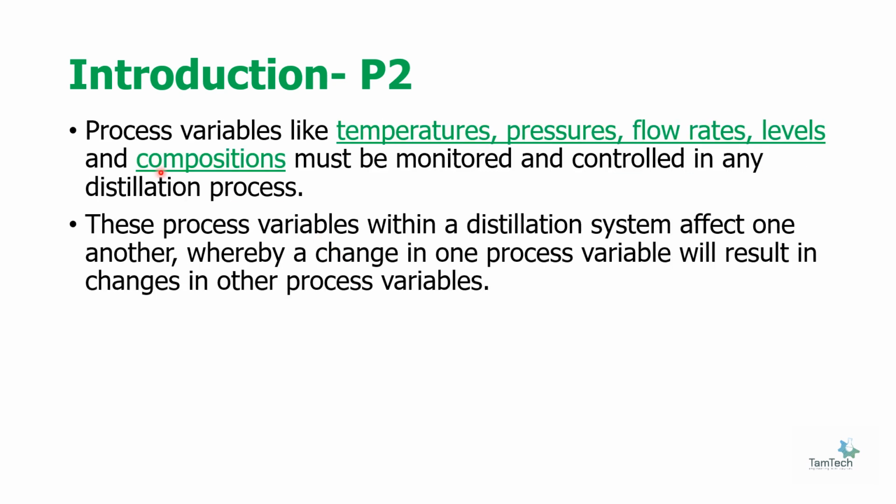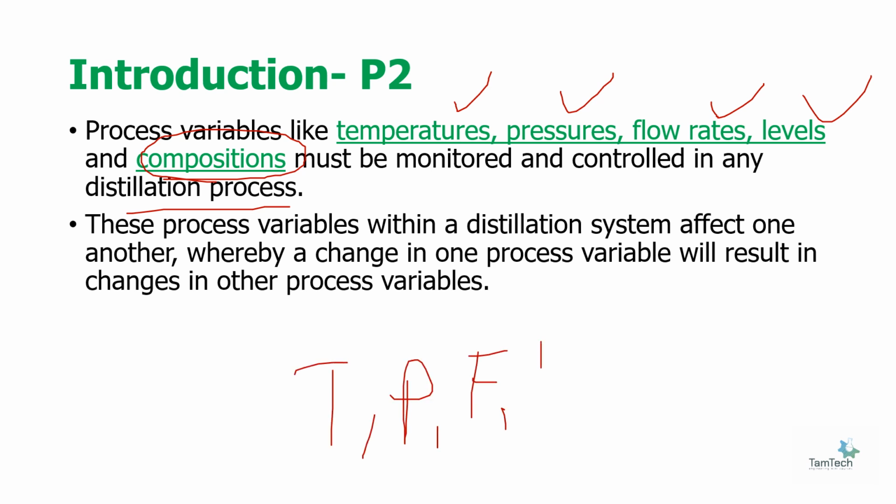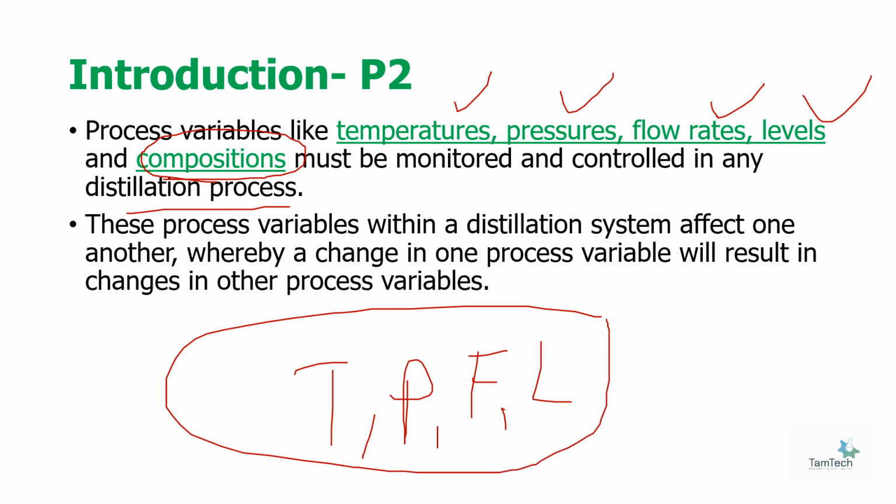Process variables like temperature, pressure, flow rates, levels, and also compositions must be monitored during distillation column unit operations, and they must be controlled in any distillation process. The four most important variables, temperature, pressure, flow rate, and level, are generally operated and controlled in all equipment.